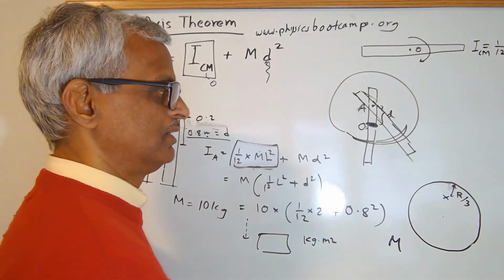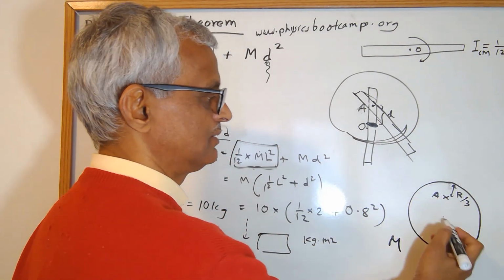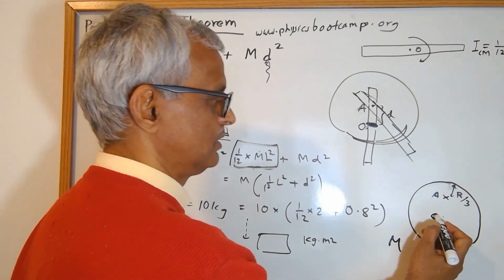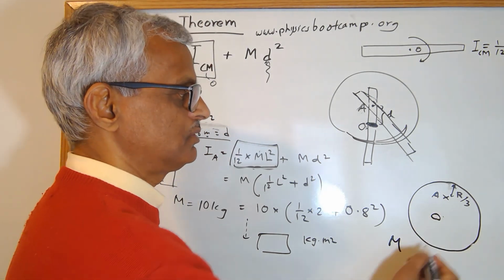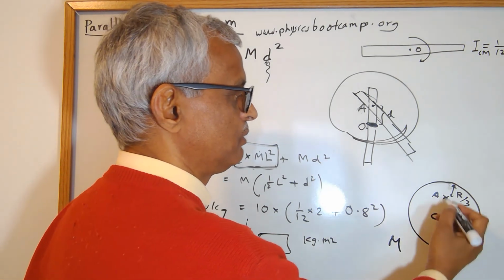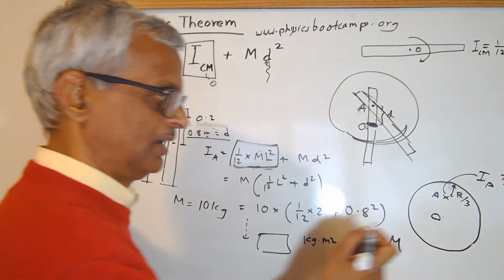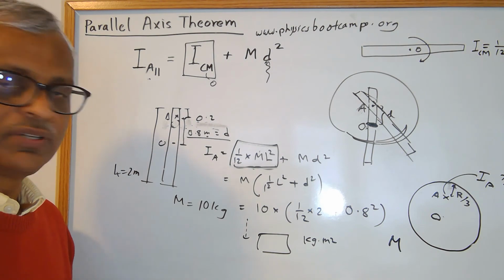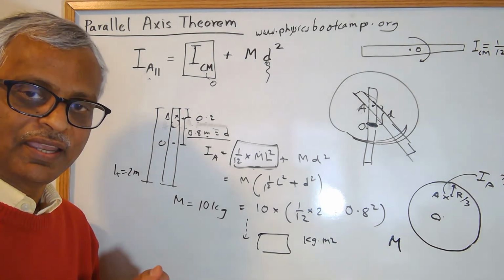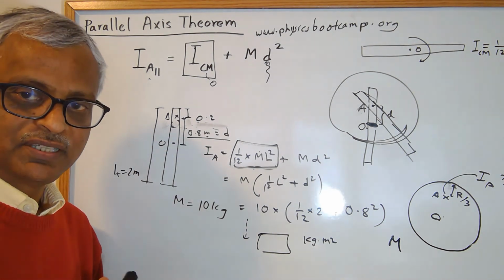Okay, so this is the axis and this is the center over here. I want you to tell me what will be the moment of inertia about this axis. You can work that out. It's a good example to work with, and I'll see you next video.